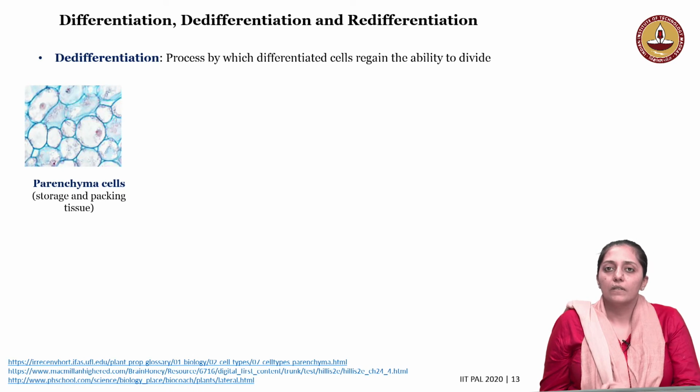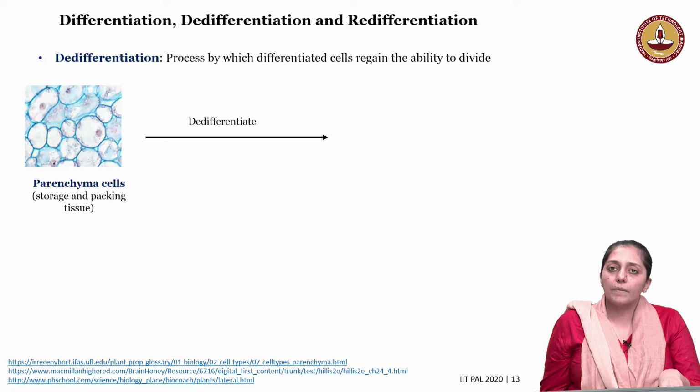Like for example, the parenchyma cells. I am sure you must have heard about this term and you must have learnt about it. Now, these parenchyma cells, their major role in the plant is storage or to become the flesh of the plant, the packing material.